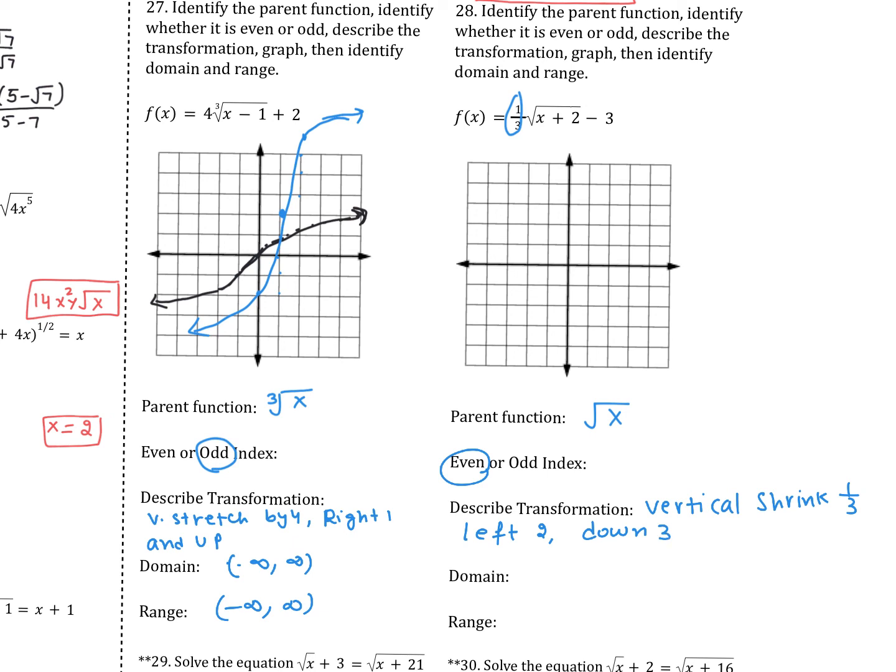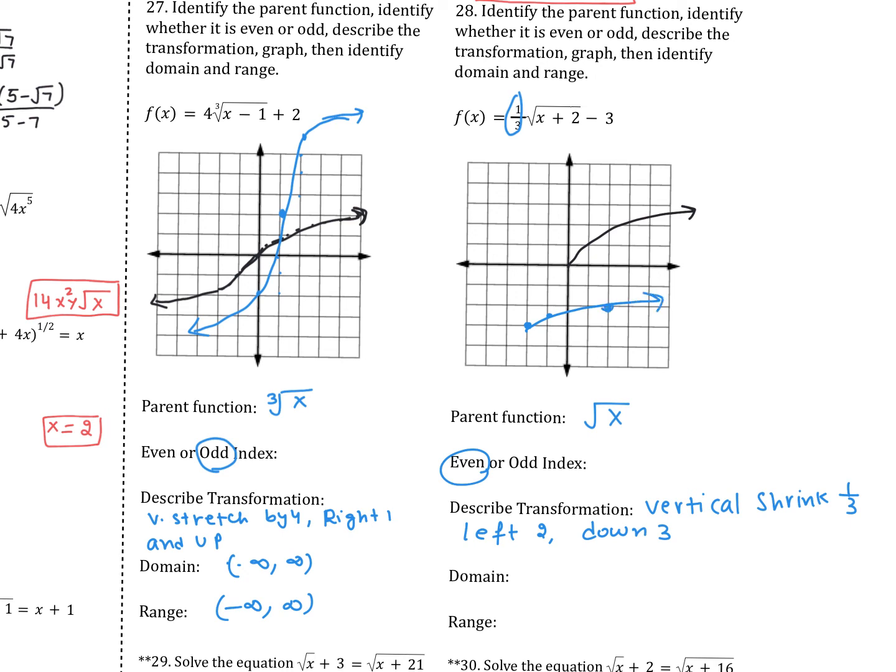Parent function graph, it looks like this. Now this new graph, the transformed graph, is moved 2 units to the left and 3 units down. So this is my point where it's going to move down, and instead of 1, it is 0.3. So this is going to be your next point. So the vertical shrink graph is going to look like this one.